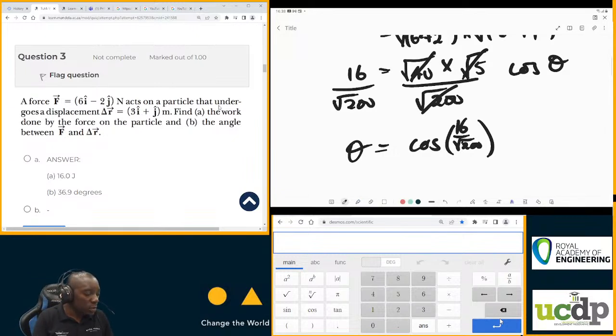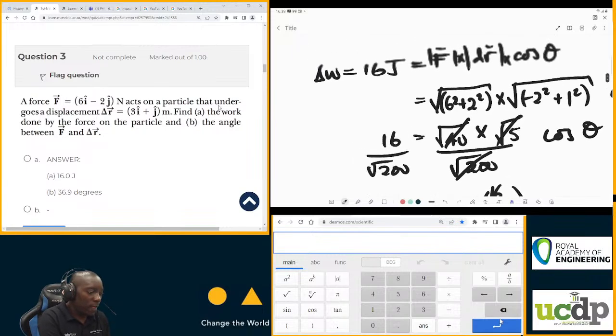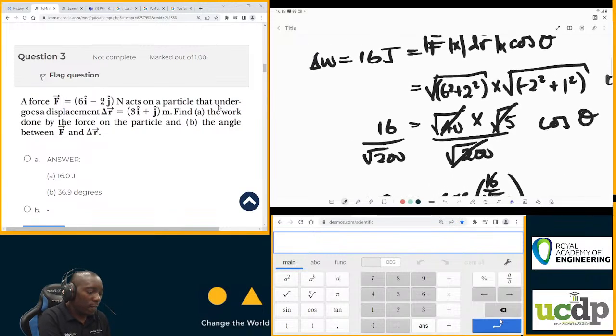I think something is not right there. Why am I getting a complex answer? Cos theta is that.